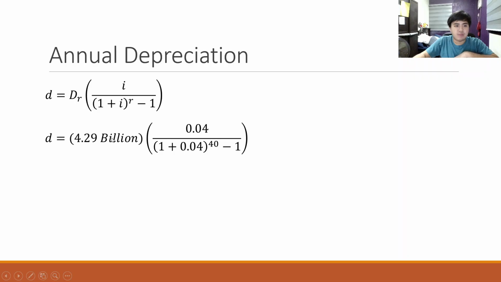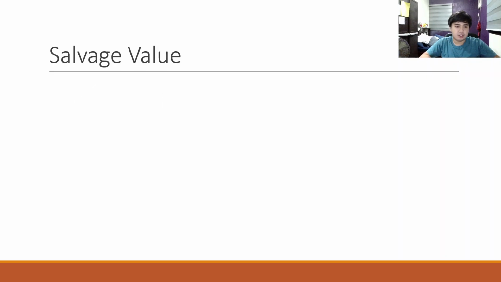So 4.29 billion is D_R, times 0.04 over 1.04 to the power 40, which is the amount of time from the start to 2012, minus 1. Our annual depreciation turns out to be 45,145,769.20. You can store that in your calculator.